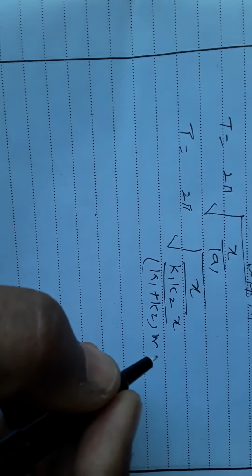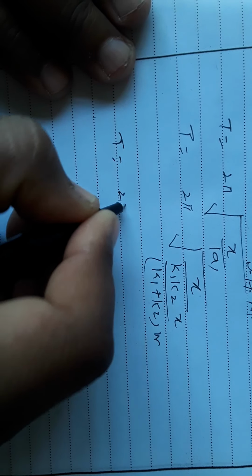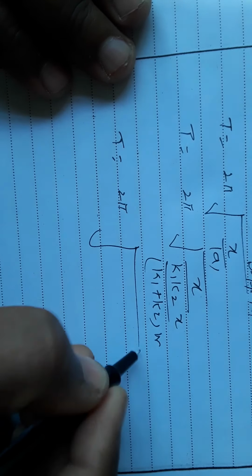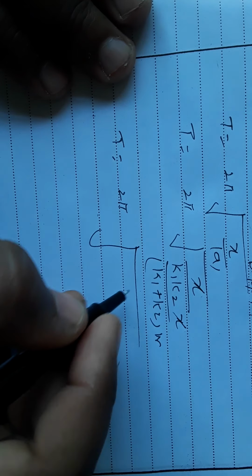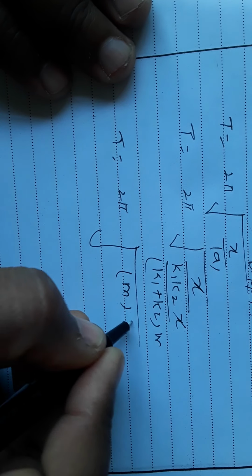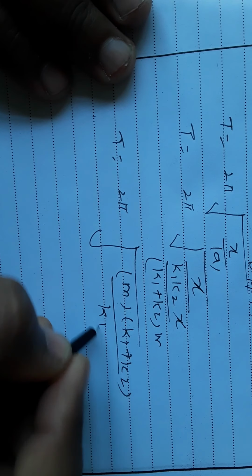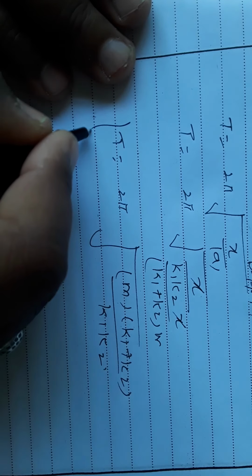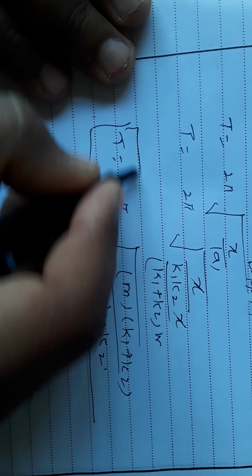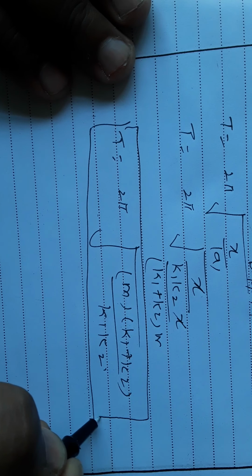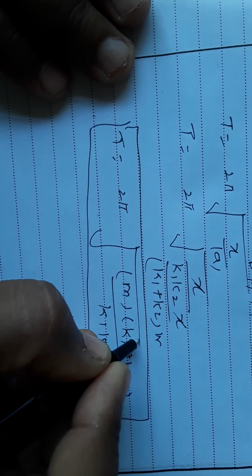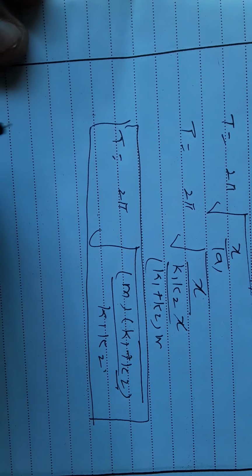So we can write T = 2 pi under root m (K1 + K2) divided by K1 K2. This is relation for the time period of oscillation of a body attached with two springs in series combination.